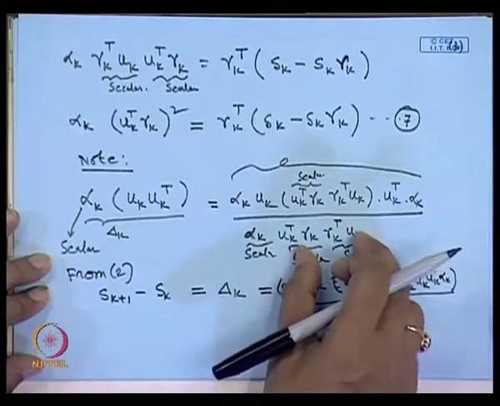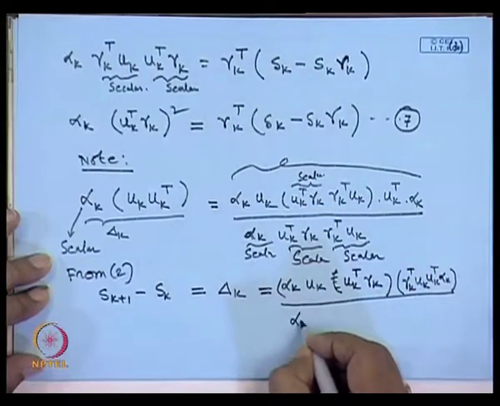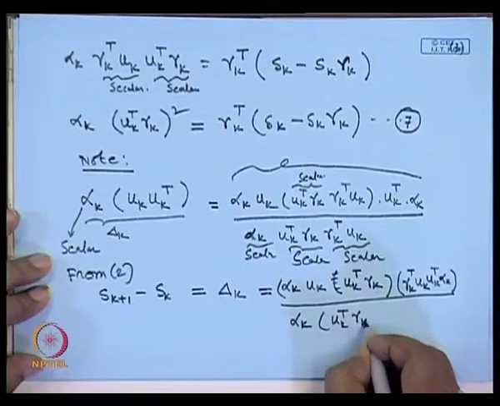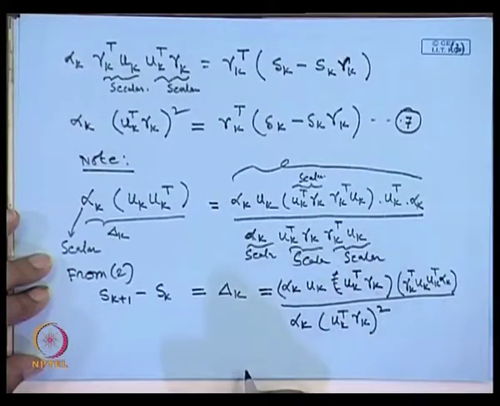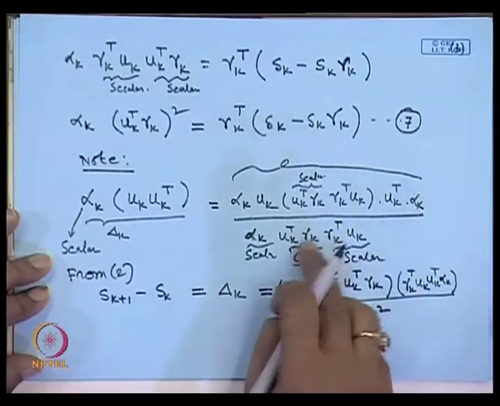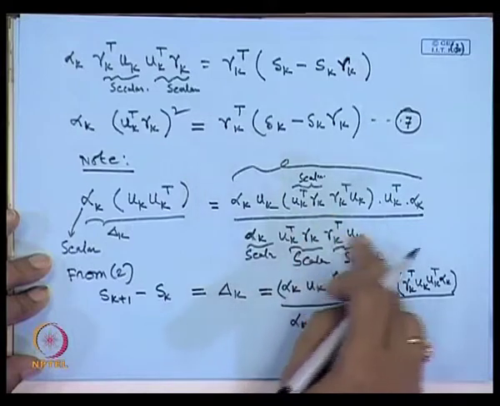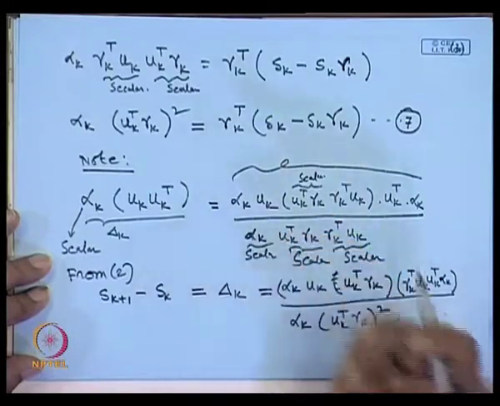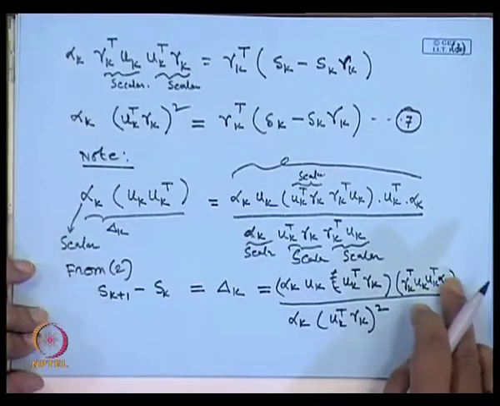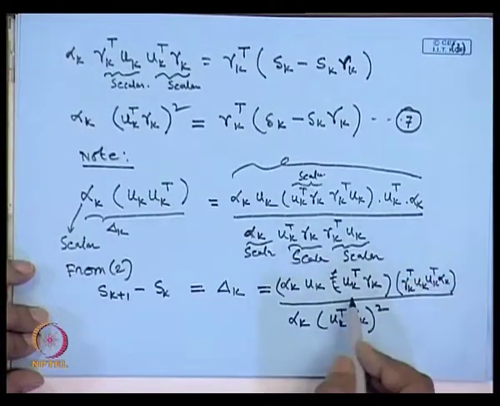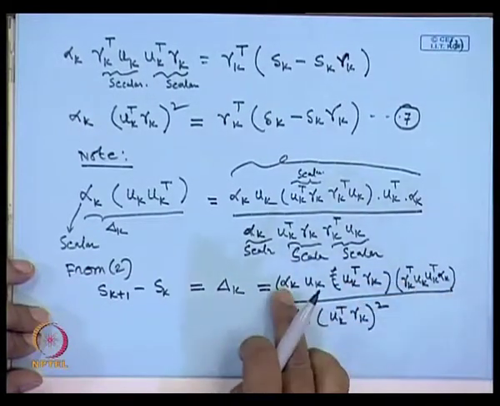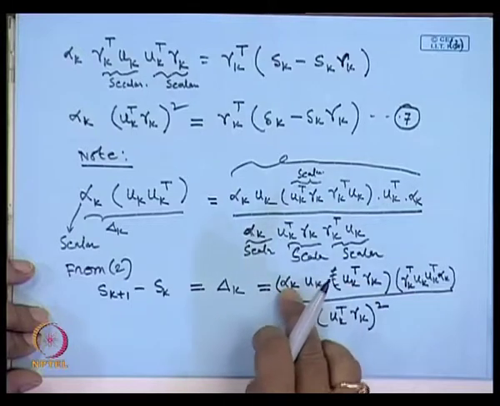So, I can write it as a square: alpha k u k transpose gamma k whole square, because the value of gamma k transpose u k is the same as u k transpose gamma k, since the transpose of a scalar quantity is the same quantity. You can easily verify this is a scalar quantity, and this is also a scalar quantity.